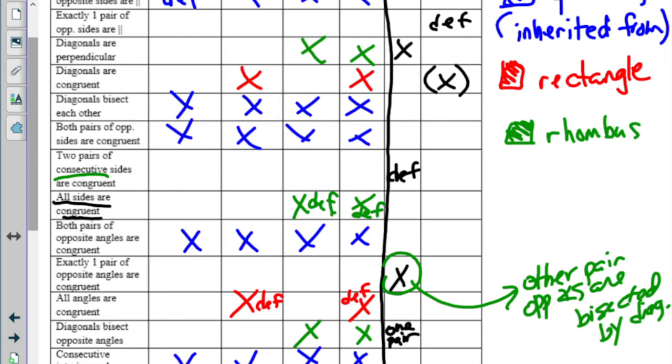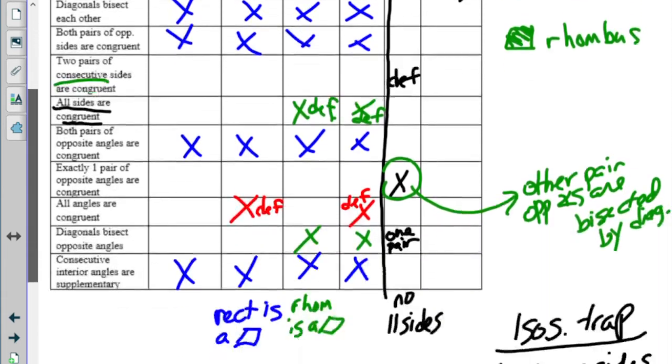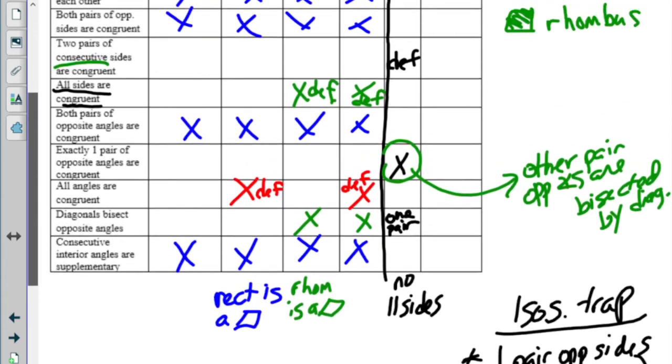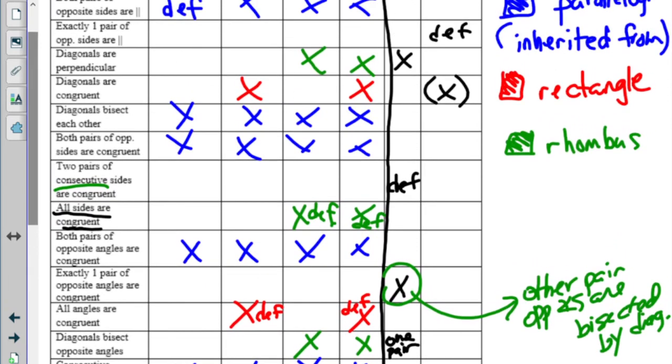Then square has the most things going on in it because it's a very specific type of shape. That's why going forward here, you're going to see me ask for what is the most specific type of shape. Because the more specific we can get, the more things we can say about it, and the more measurements we're going to be able to find.